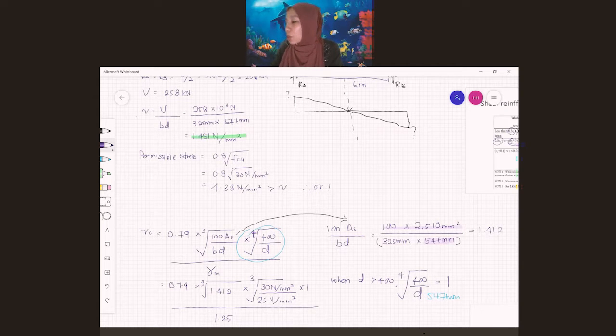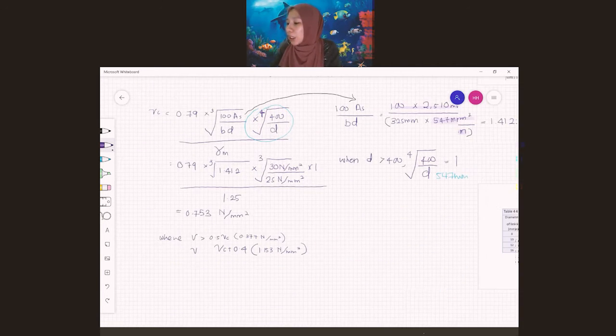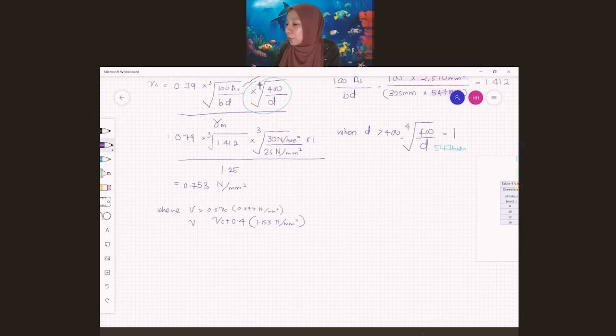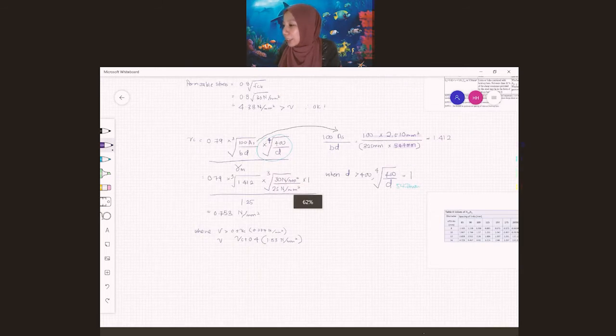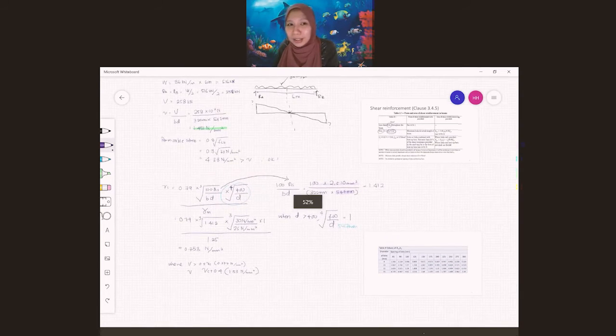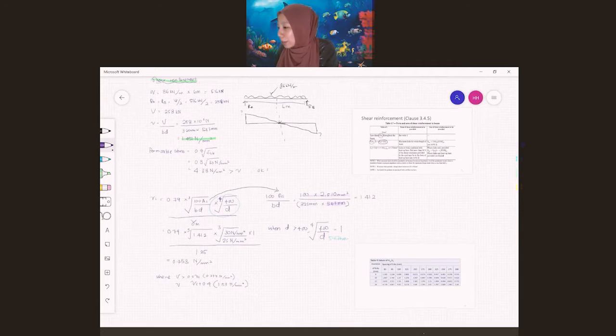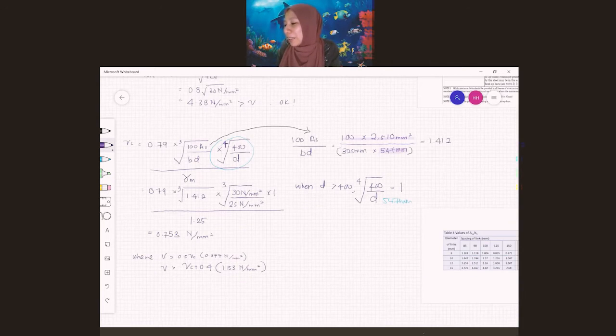Okay, but here our VC plus 0.4 is 1.153. Okay, obviously, kita kecilkan lagi supaya nampak lah. Obviously V kita ni lagi besar daripada VC plus 0.4. So another time dia lagi besar lah.